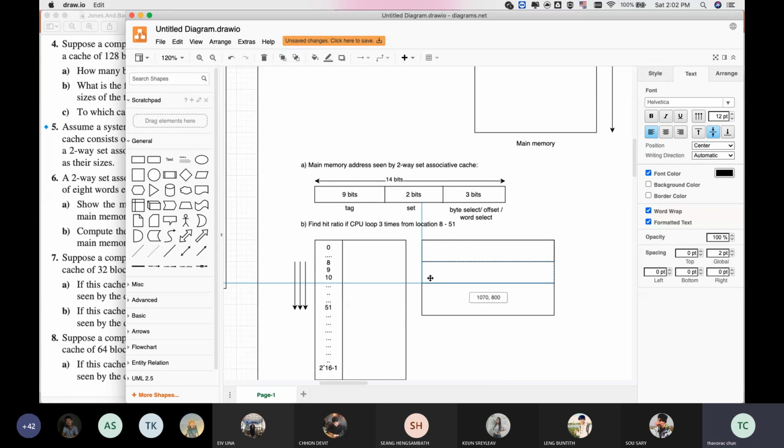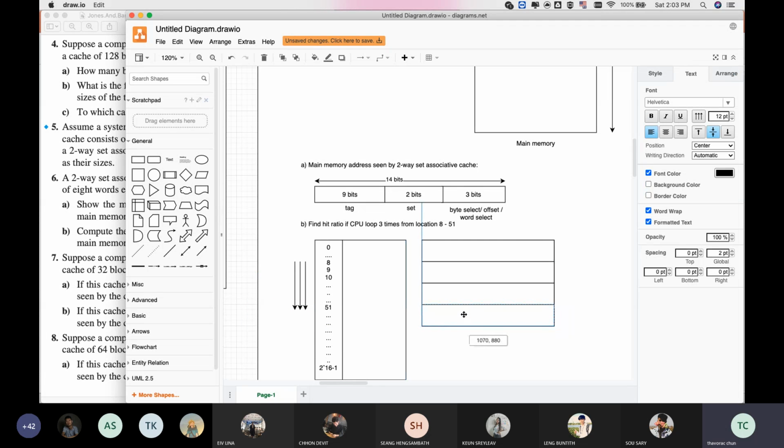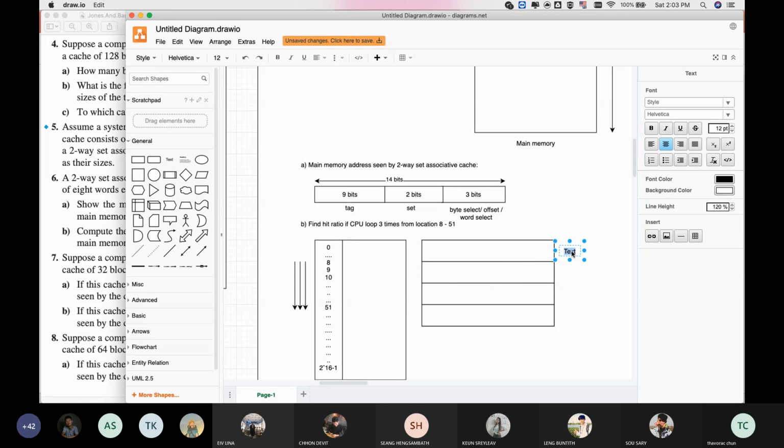This one is set number 1, set number 2, and set number 3. Okay. Set 0.